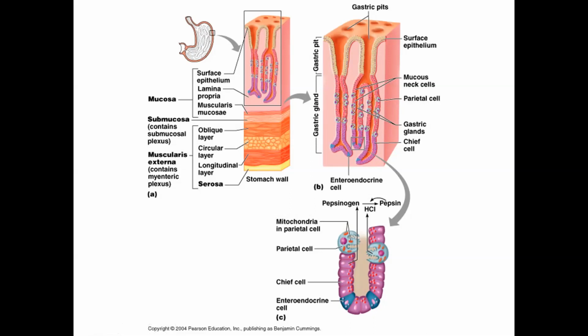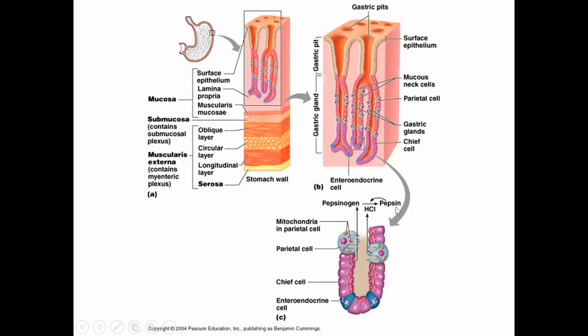So these cells, they have functional aspects you do need to know. Okay, chief cells, they make a protein called pepsinogen, which is an inactive protease, an inactivated enzyme to digest the protein. Okay, and parietal cells, they make hydrochloric acid. You learn this in chemistry. This is a very strong acid. All right, so whenever the pepsinogen, inactivated enzyme, is in this very acidic environment, it can be activated into pepsin.